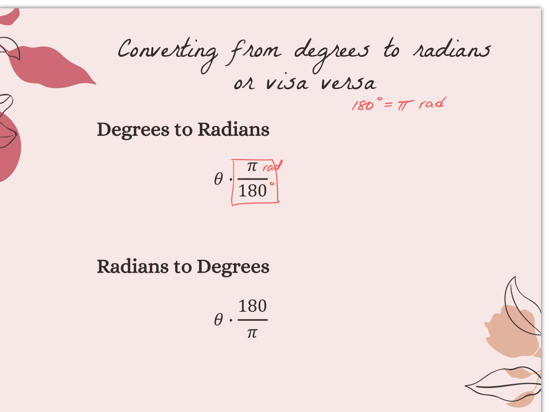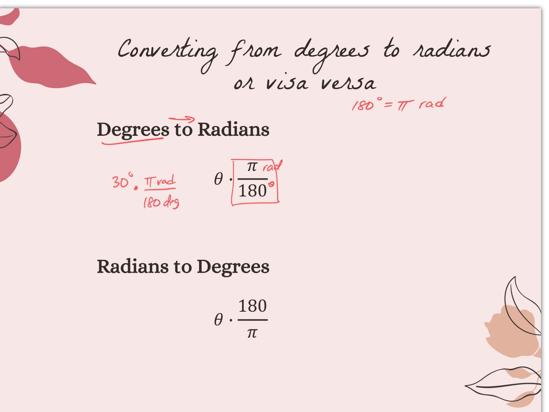And the unit of measure I want to get rid of is going to be in my denominator. So if I'm given degrees and I want to go to radians, I'm going to put degrees in the denominator spot. For example, let's say I have 30 degrees and I want to go to radians. I'm going to multiply 30 by pi radians over 180 degrees.